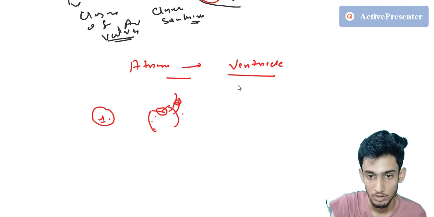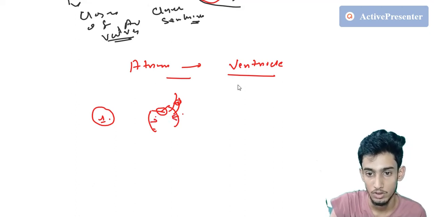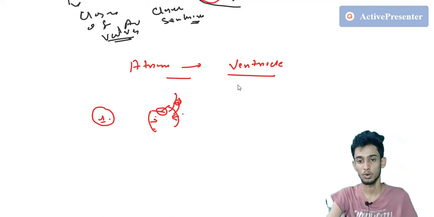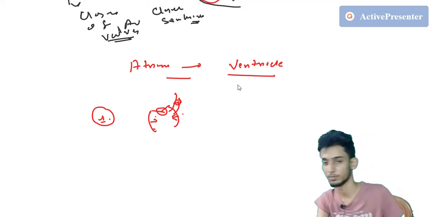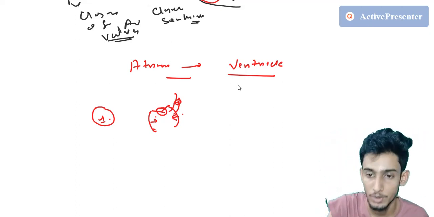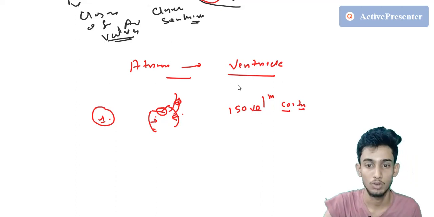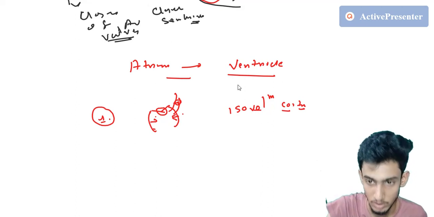Now the heart starts to contract. So in the first phase, all the valves are closed. So this is a constant volume system. So the first phase is called isovolumetric contraction. Why isovolumetric? Because all the valves are closed in this state.